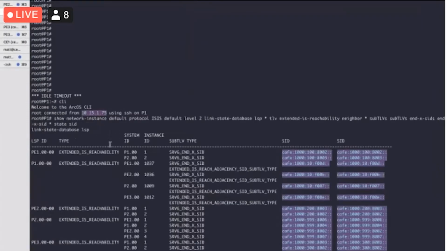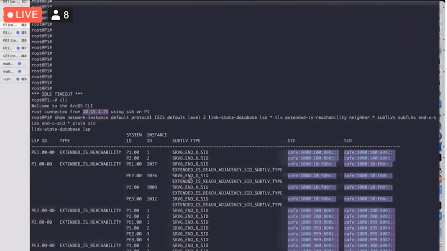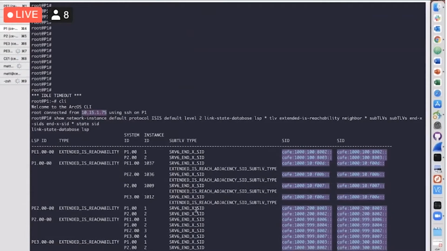You can see here that in ISIS, in the TLVs and the LSPs that are being received, they're a combination of End and End.X SIDs. So the End.X SIDs allow you to send a packet to a core node and have it go out of a specific interface on that core node. So this is useful for traffic engineering, for example.